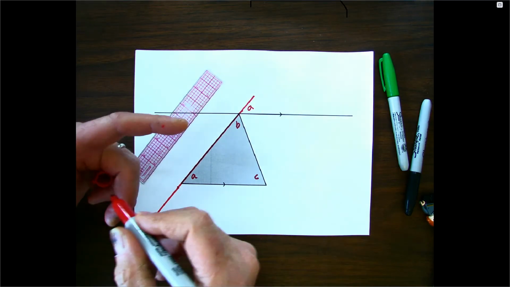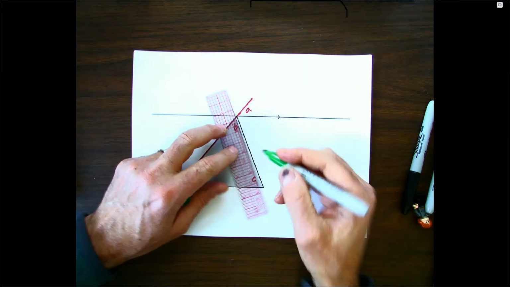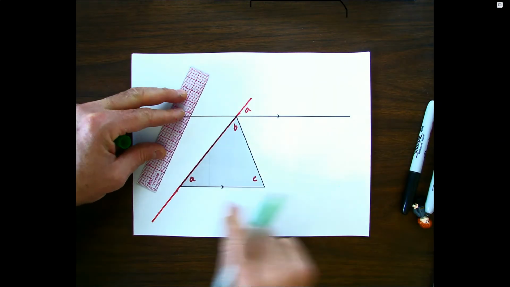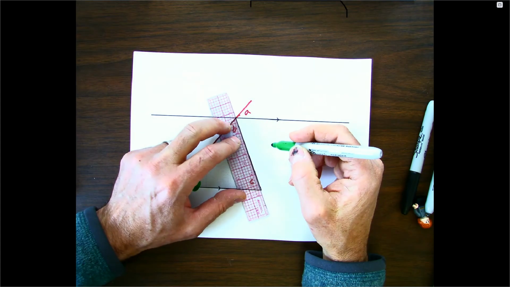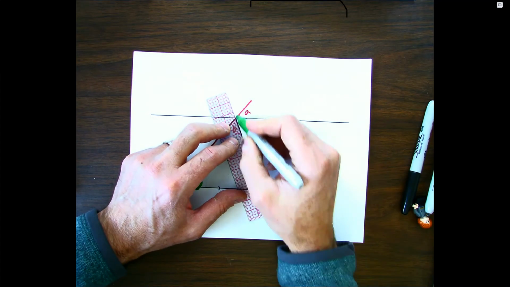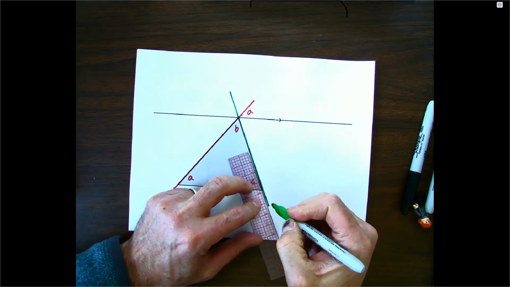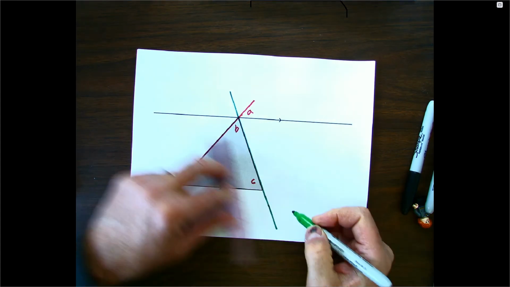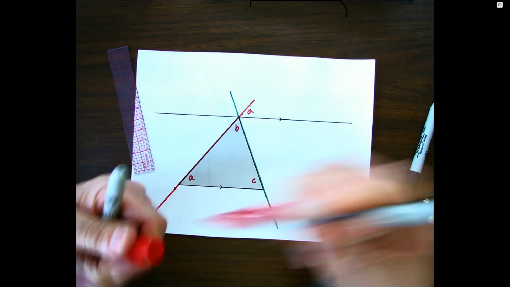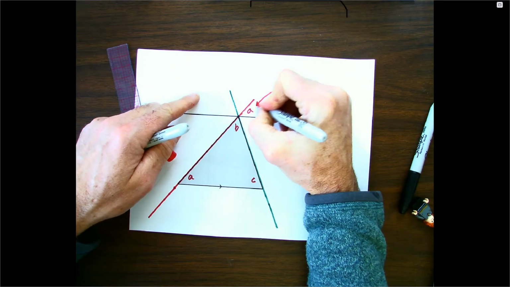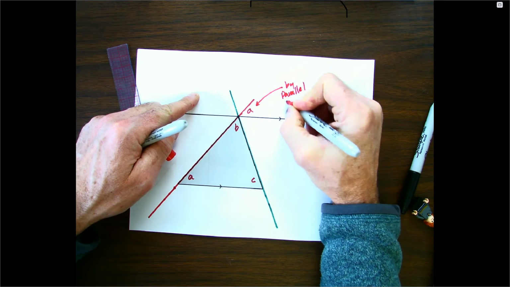I hope that's clear. Then I can play the same game along this side. Again, this is a segment parallel to this line. If I draw in this transversal and extend the segment that we're given, I'll make it green. This is by the parallel postulate.